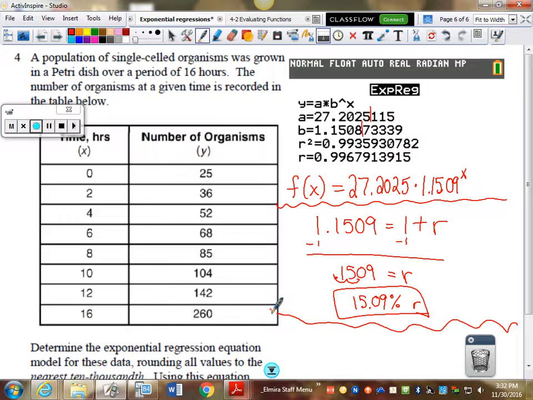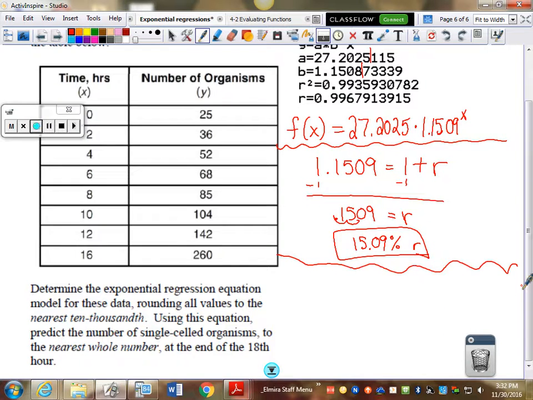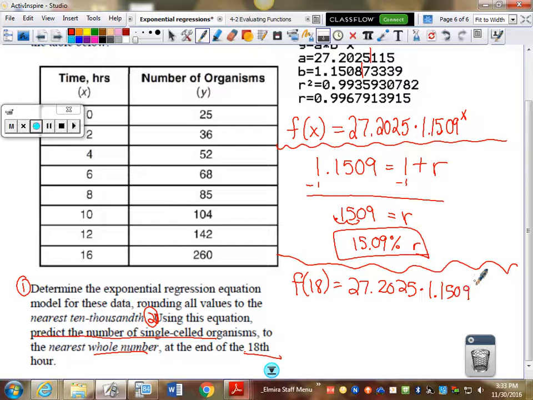Now we're going to go back to our regularly scheduled problem over here, because part 1 is find the equation. Part 1A is find the rate. Part 2, using this equation, predict the number of single-celled organisms to the nearest whole number at the end of the 18th hour. So f of 18 equals 27.2025 times 1.1509 to the 18th power.